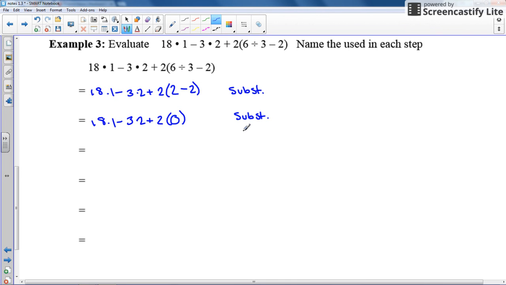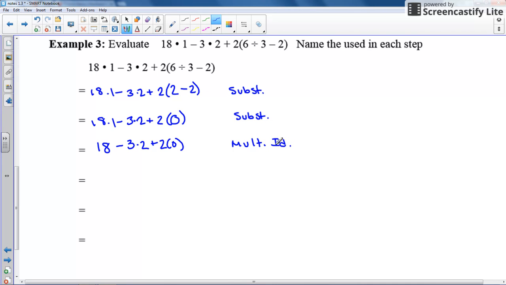Sorry for my bad handwriting. Then we're going to do our multiplications and our divisions. We don't have any divisions, we just have multiplications. So 18 times 1 is the first one we're going to do. So that's 18. Keep everything else the same. And 18 times 1, that's using the multiplicative identity.